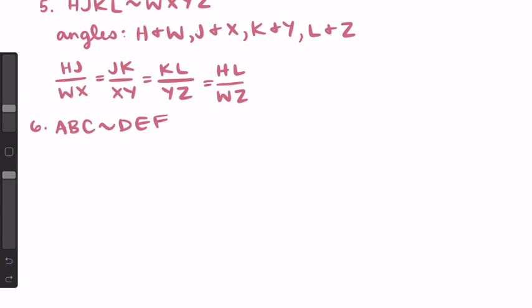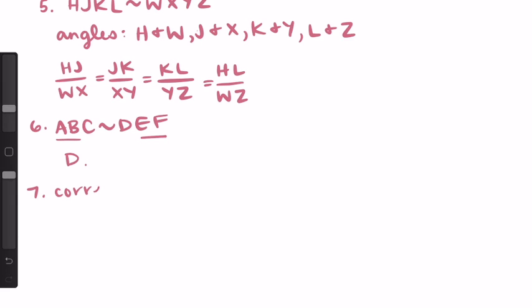Those line up too. Alright, how about CA over FD equals BC over EF? Again, that one works. Alright, so the last one, AB over EF. Those are not in the same spot, so letter D is the one that is incorrect.